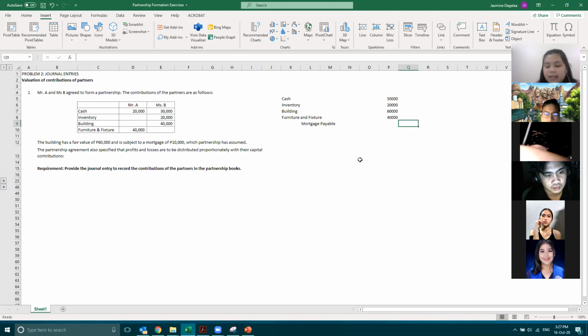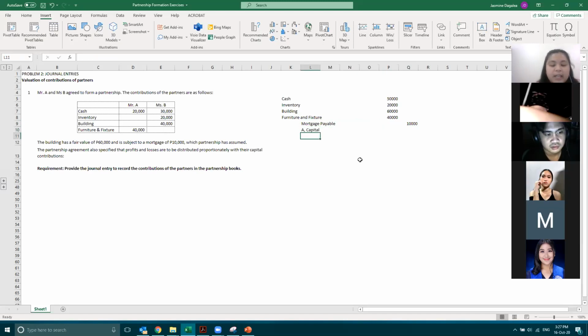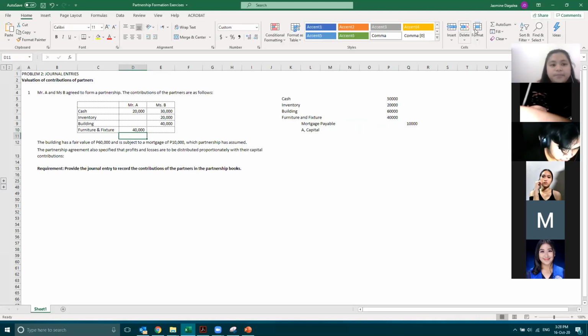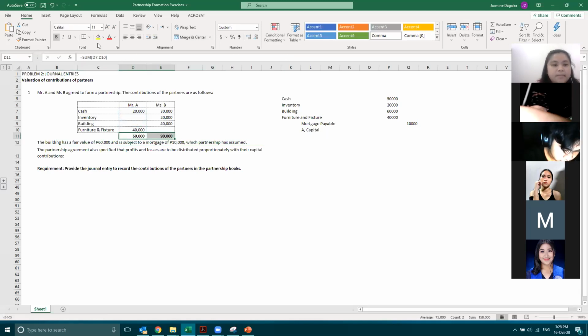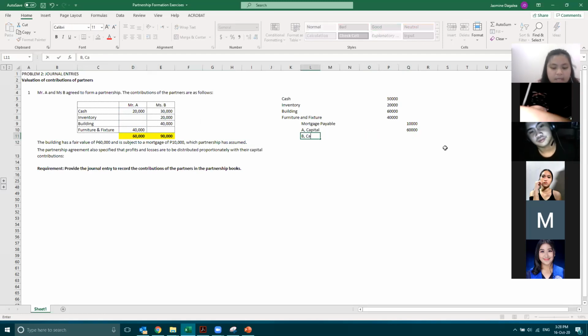Tapos, credit A Capital, 60K. Ano pa yung credit? B Capital, magkano?